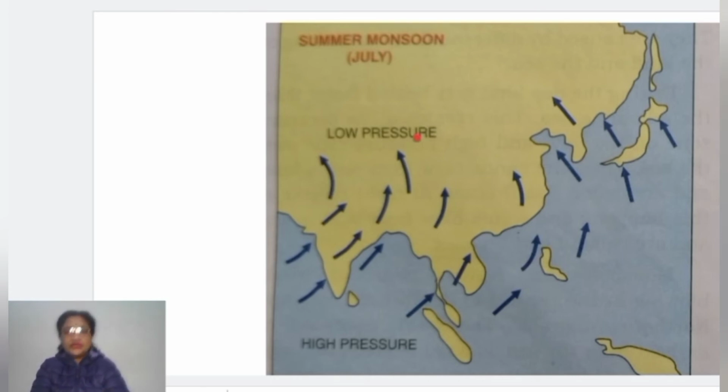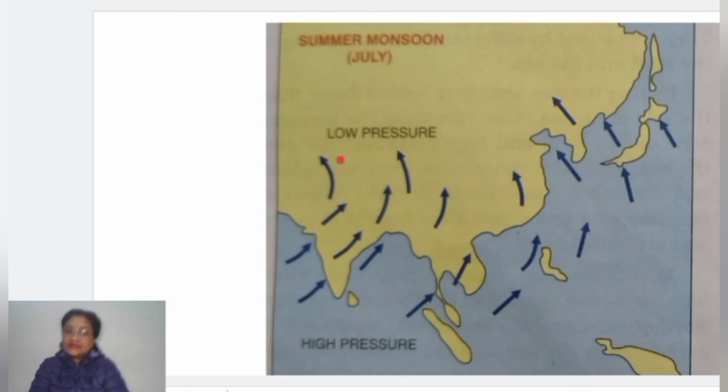Let's take one season first, the summer season, during June, July. What is the condition when we have very hot summers in May, June in the interior parts of the Indian subcontinent or the interior parts of the Asian continent? Again a similar thing happens here.